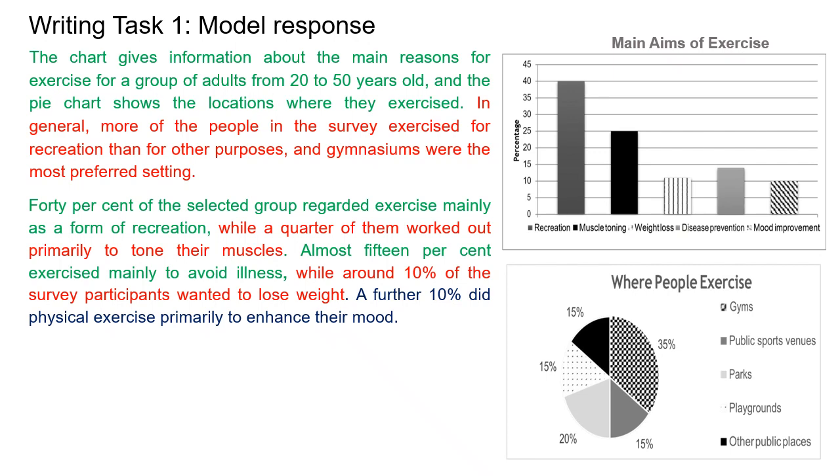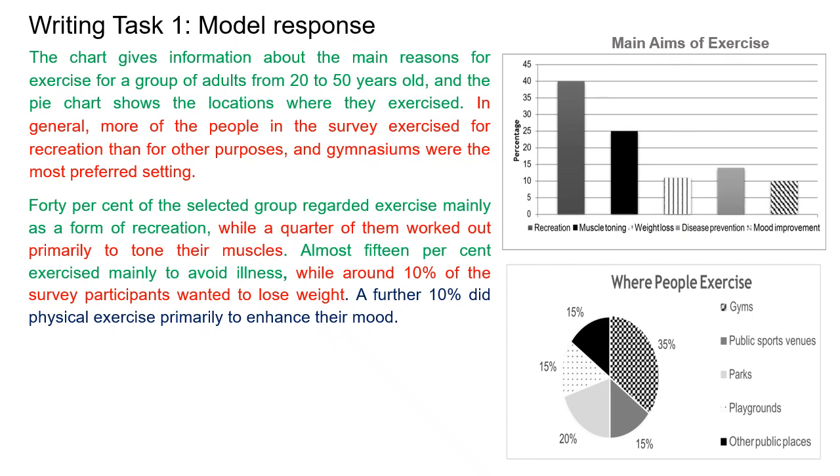The first one says 40% of the selected group regarded exercise mainly as a form of recreation, while a quarter of them worked out primarily to tone their muscles. We know that this is a comparative sentence because of the conjunction while that is used to introduce comparative clauses.